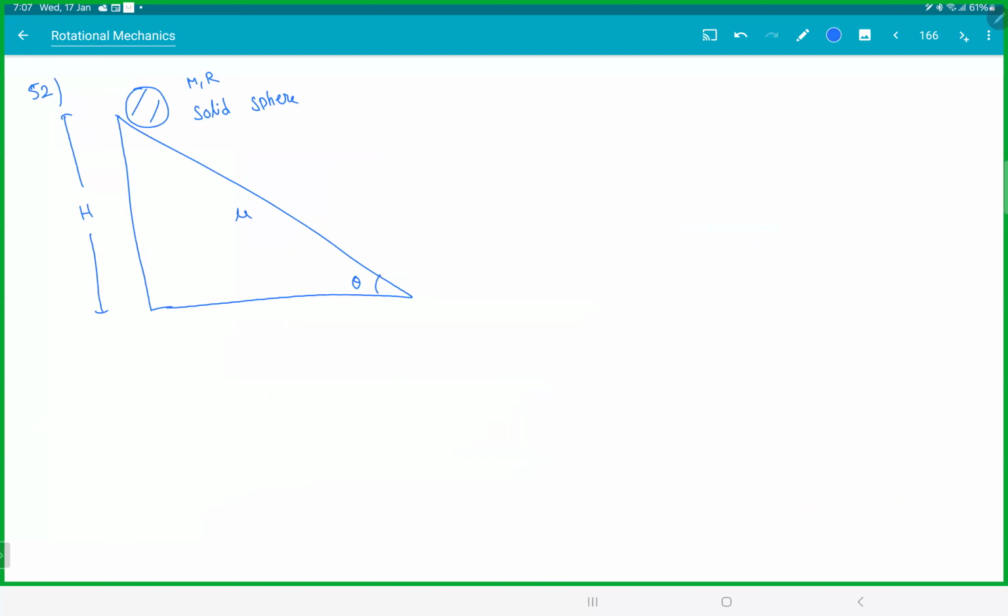Next one. Mu is there. First one, this we did before. Find mu minimum for no slipping. That is fine. Now, if mu is half of mu minimum, now it will slip. Find v, omega, time taken when it reaches the ground.